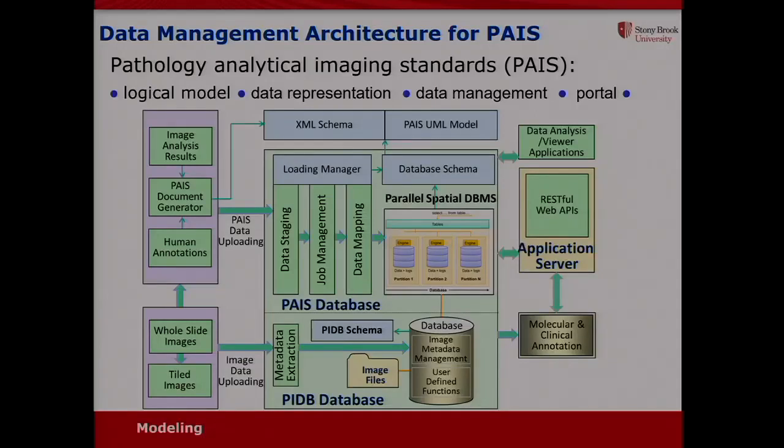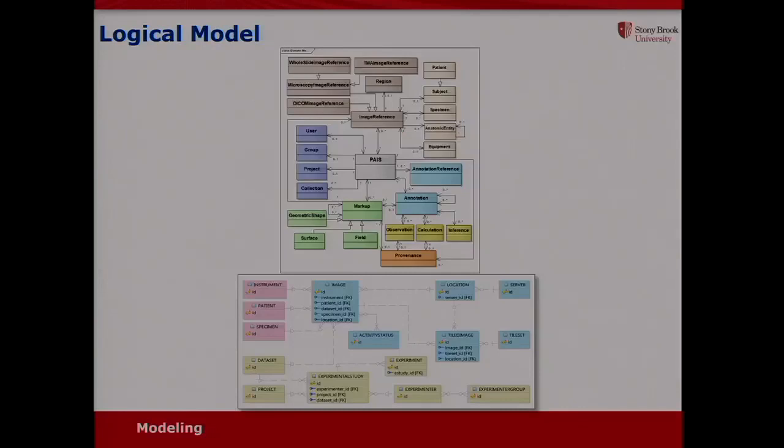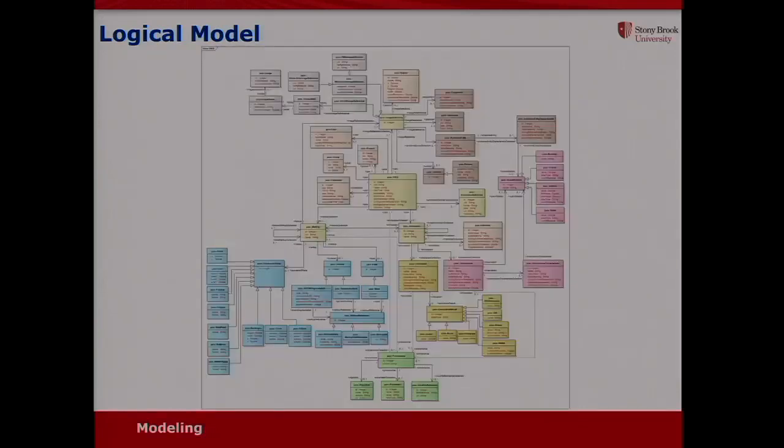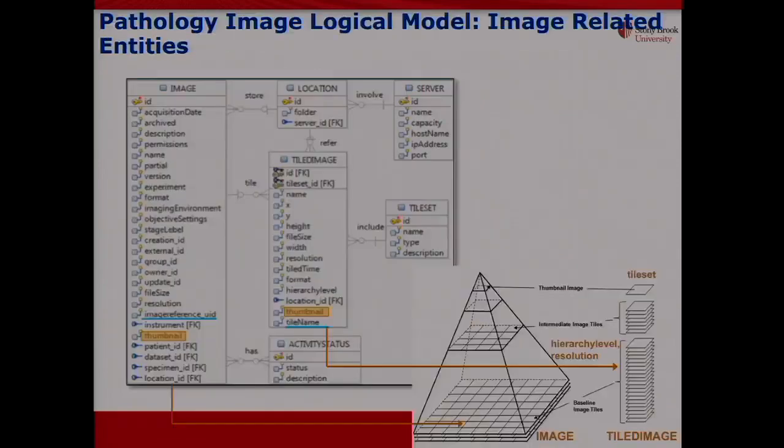We provide a very comprehensive architecture for data loading, data conversion, data parallelization, queries, and so on. This is the data model, and we have many tables for representing all the information. In general, we have geometry data, the points and polygons representing microanatomic objects, and we also have features data, patient data, and so on.